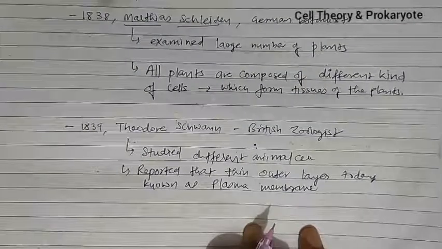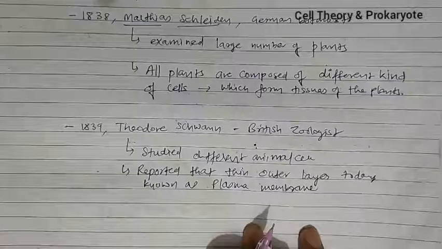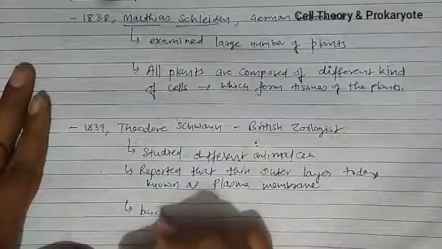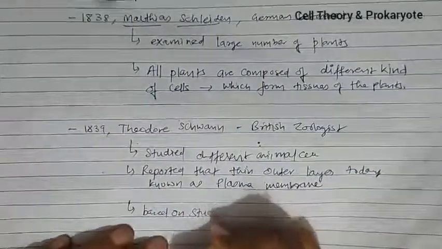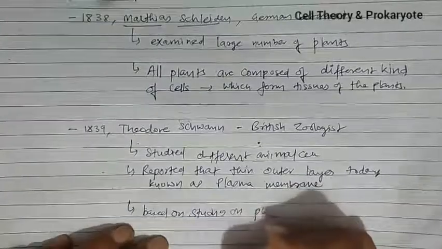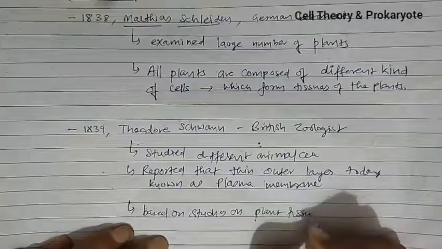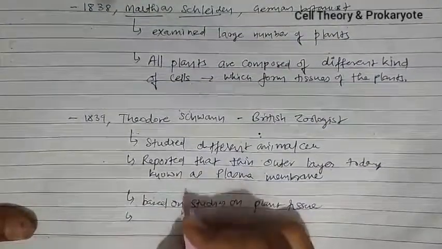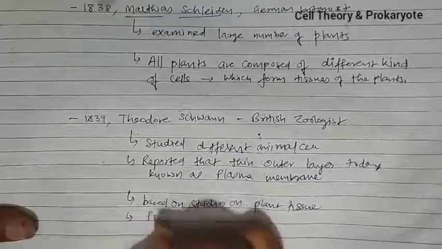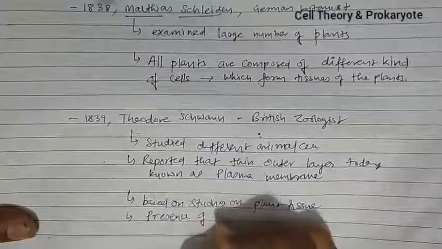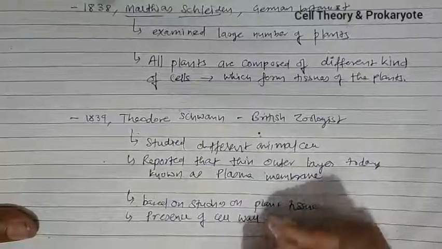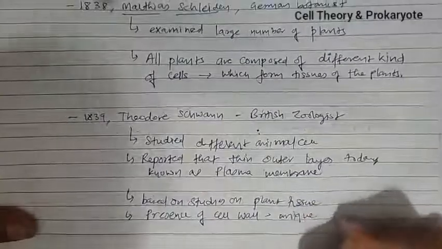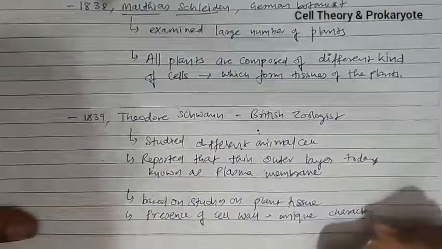He also concluded, based on his studies of plant tissue, that the presence of a cell wall is a unique character of plant cells.